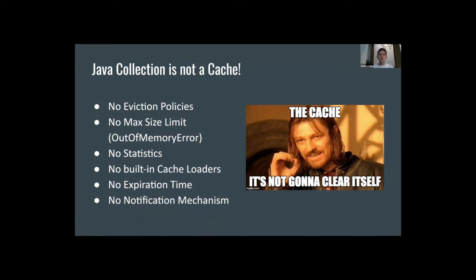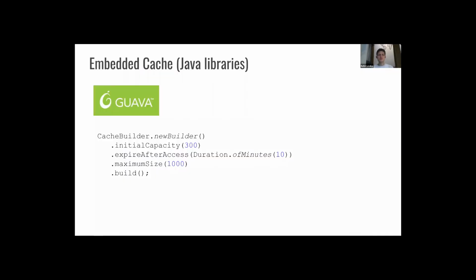So what would be a good cache library? For any programming language, you will find one. For Java, for example, Guava is a very good caching library where you can define upfront all these features that are lacking in Java collections. Another good example is EHCache.